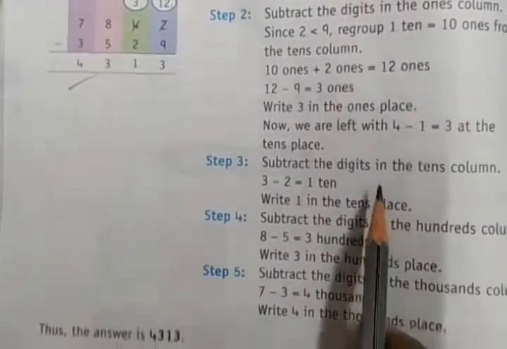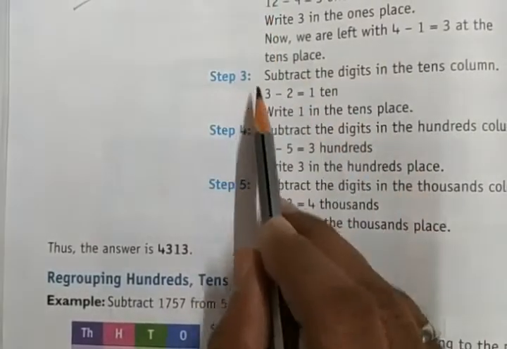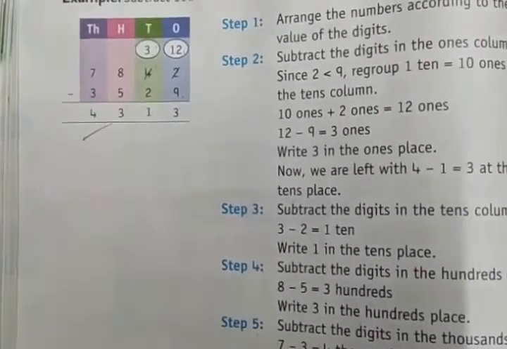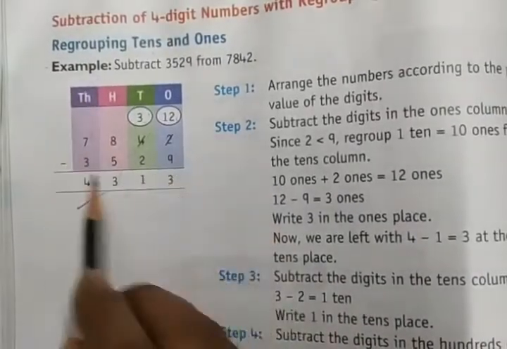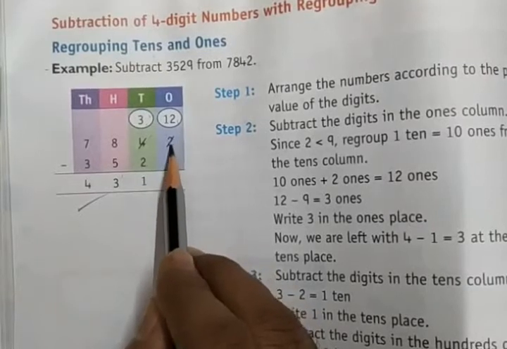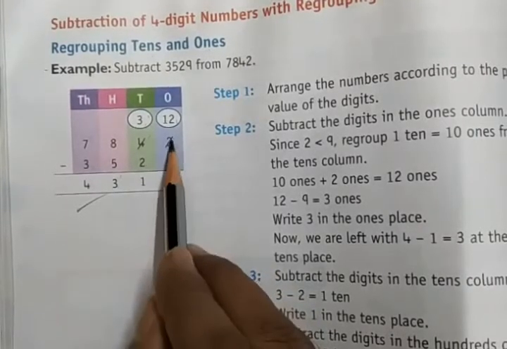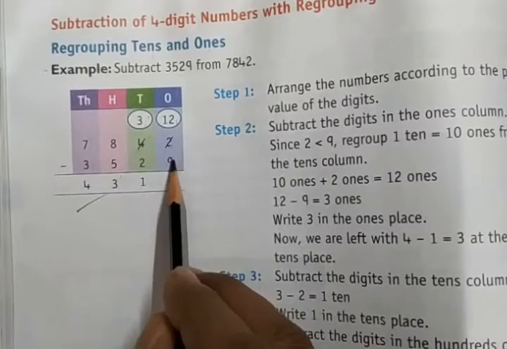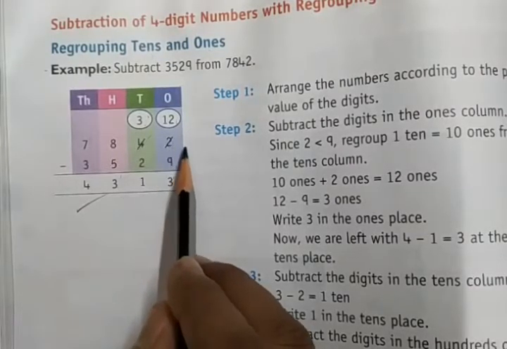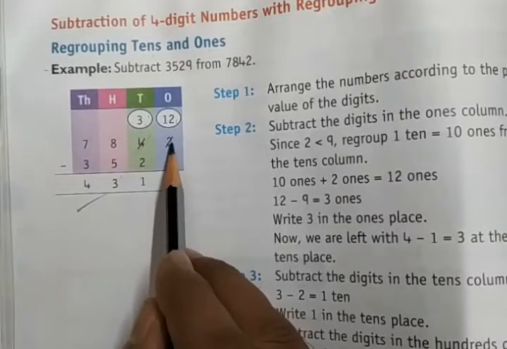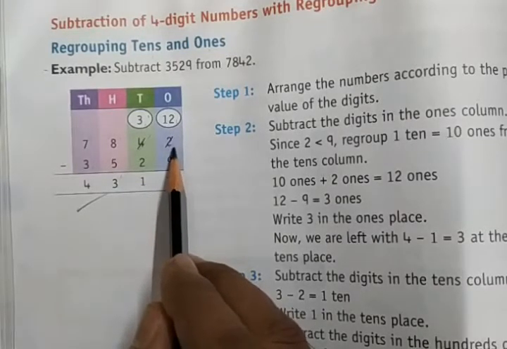These are step 1, step 2, step 3, step 4, step 5. Step 1 explains you have to arrange the numbers in the proper place value chart. Second step is we have to subtract the ones column. Here in the ones column 2 is the smaller number, 9 is the bigger number. We can't subtract 9 from 2, right?